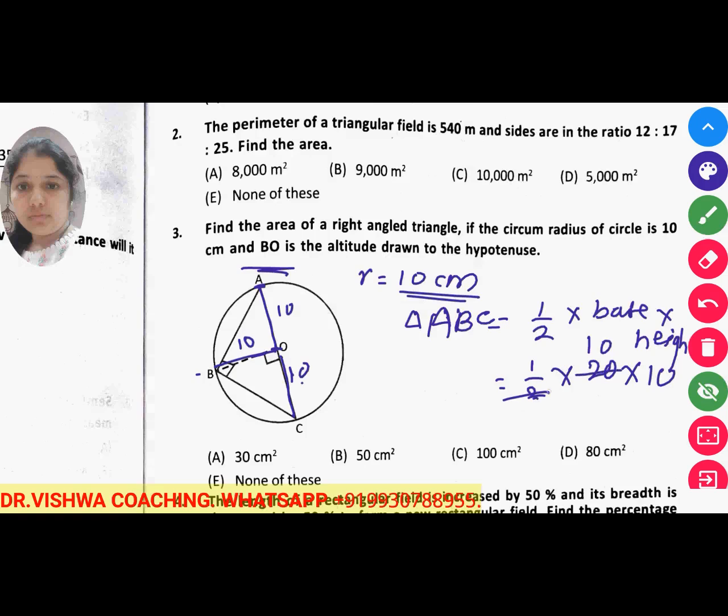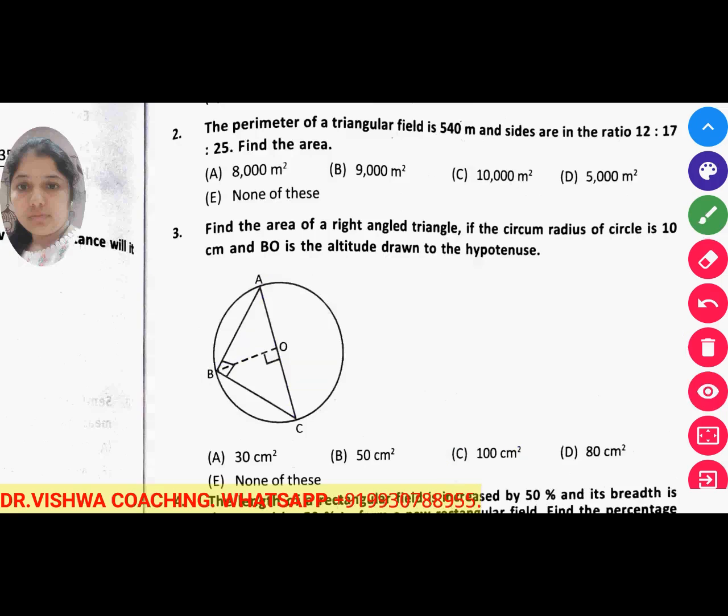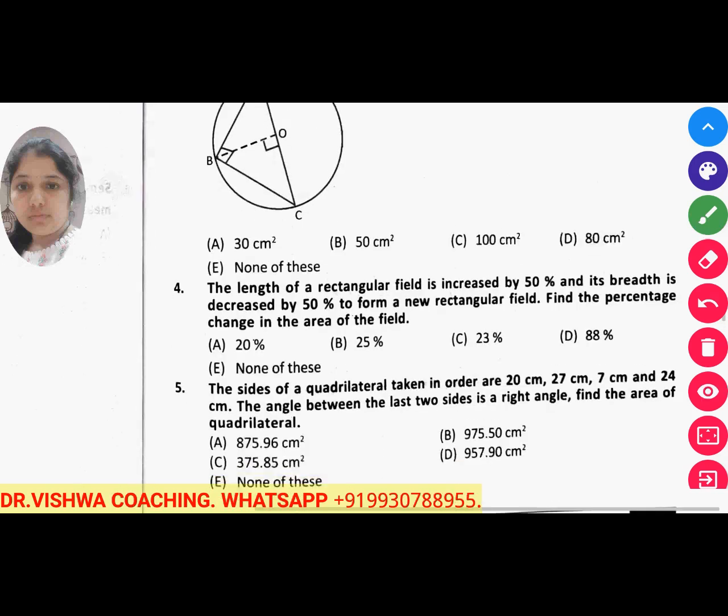So 20 divided by 2 gives us the value as 10, and 10 multiplied by 10 is equal to 100. So the area of triangle ABC is 100 centimeter square. Okay, understood? Now we'll move to the next question.